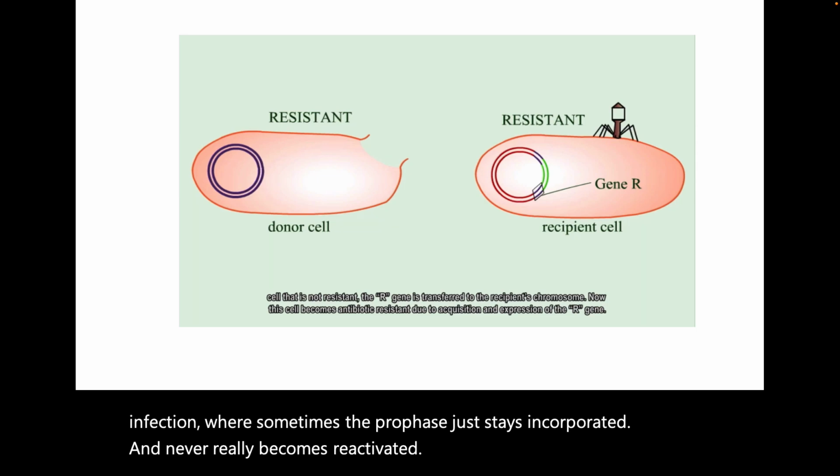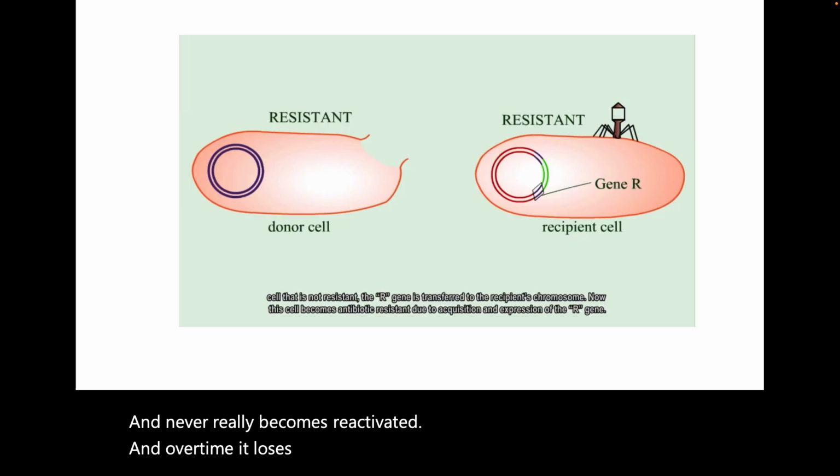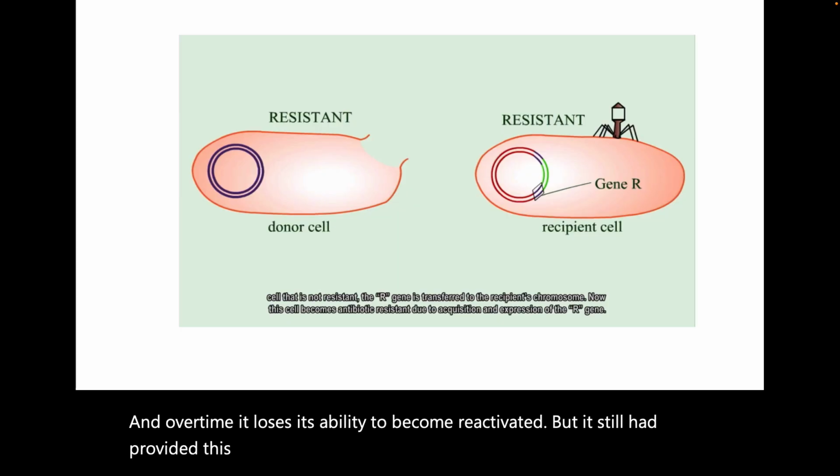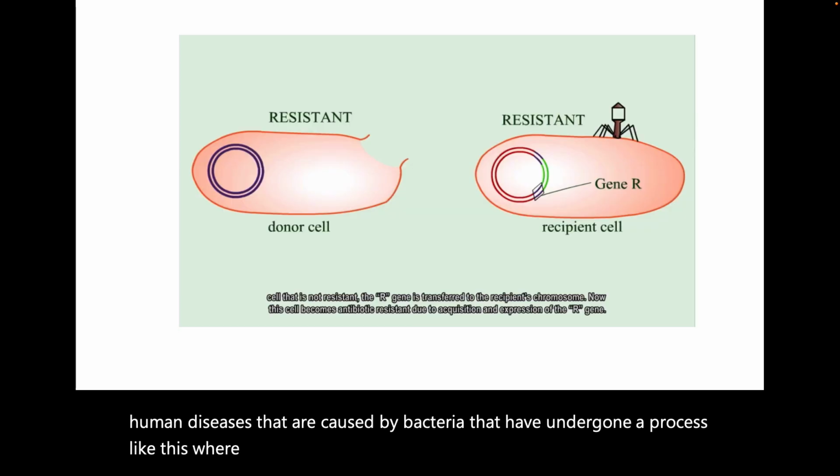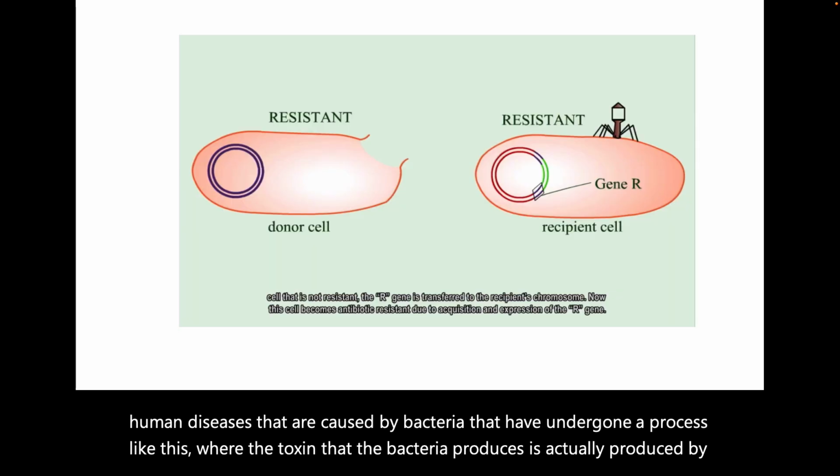And over time, it loses its ability to become reactivated, but it still had provided this benefit to the recipient cell. And we even see that there are human diseases that are caused by bacteria that have undergone a process like this, where the toxin that the bacteria produces is actually produced by the virus DNA that it now holds.